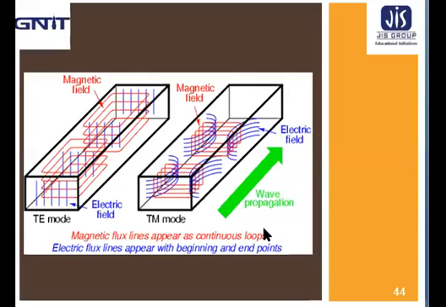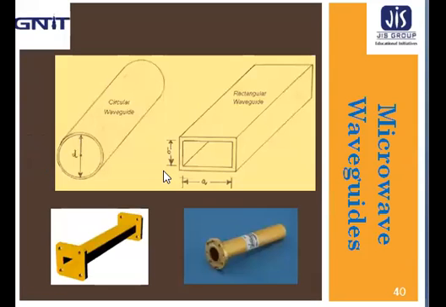Now, as I have already told, there are different types of waveguides like rectangular, circular, and many other types of waveguides. Each waveguide has a dimension. Here this is a rectangular waveguide and this is a circular waveguide.